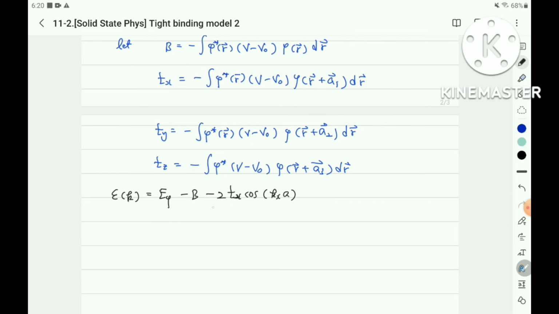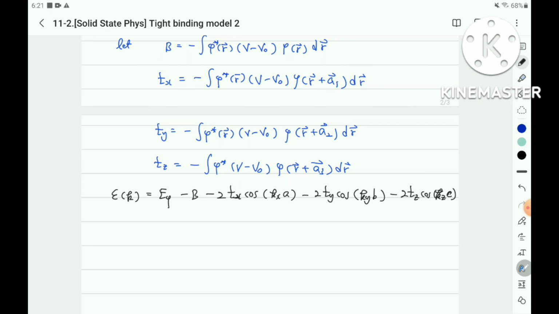The 2 cosine kx a comes from exponential i kx a plus exponential minus i kx a. Likewise, minus 2 ty cosine ky b, minus 2 tz cosine kz c.